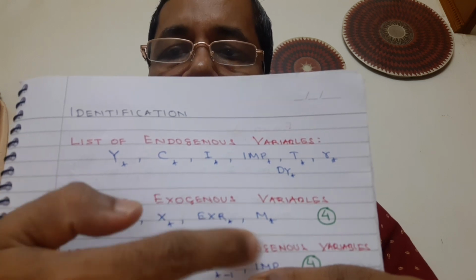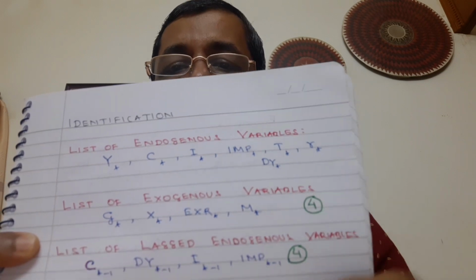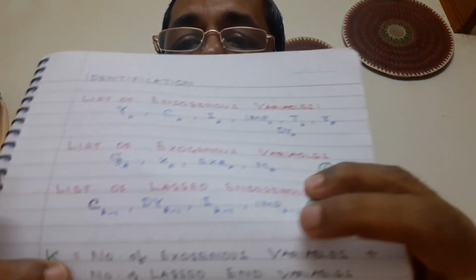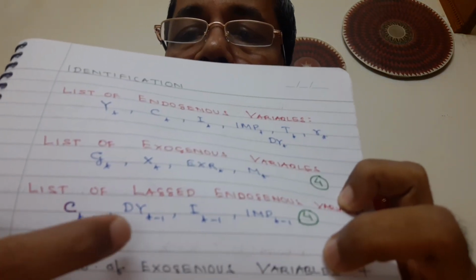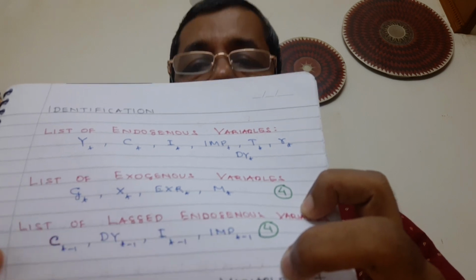These variables we assume to be exogenous. So if I count, there are total 4 exogenous variables, and lagged endogenous variables are CT minus 1, DYT minus 1, IT minus 1, and IMPT minus 1, again 4. So we have total 4 exogenous, 4 lagged endogenous, so total 8 predetermined variables.